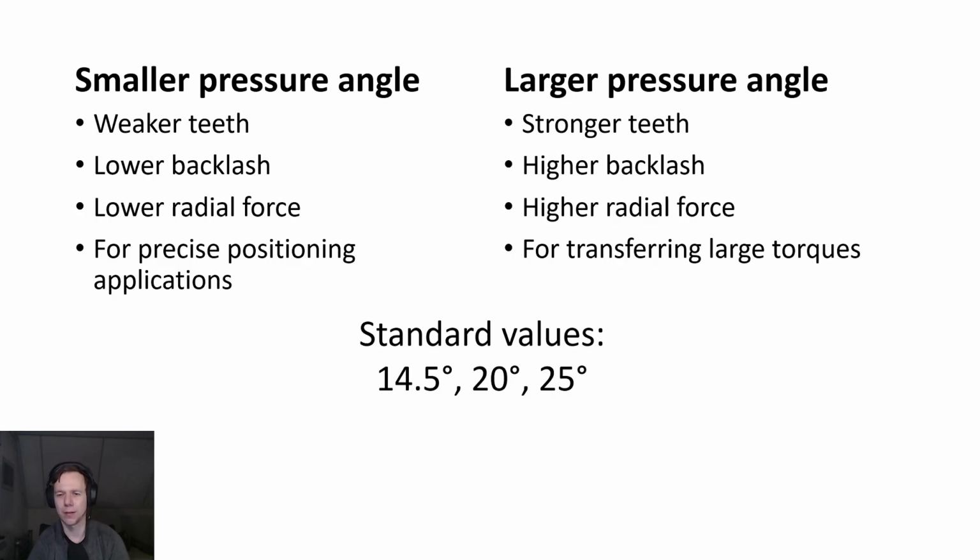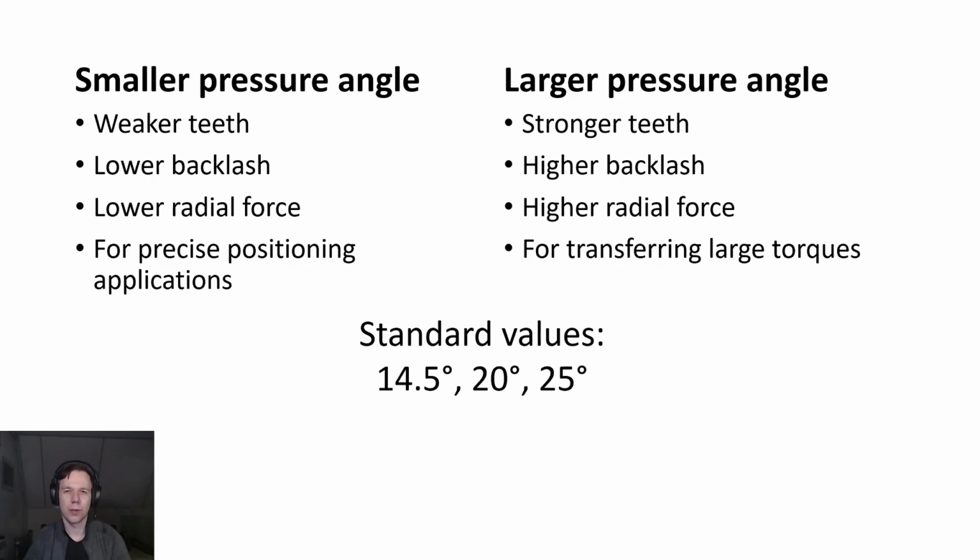On the other hand, if you need to transmit a lot of torque, a lot of power as well, then it will probably be better to choose a larger pressure angle. And this is especially the case if you are looking at a vehicle application. If your motor has to propel a vehicle, then frankly you don't care about the backlash that much, but you do care about making sure that the gears can withstand all the torque that you wish to transmit.